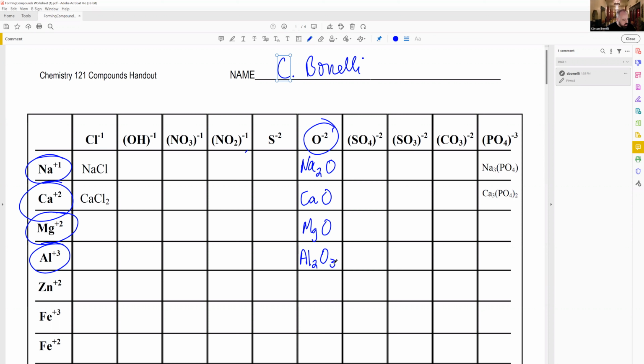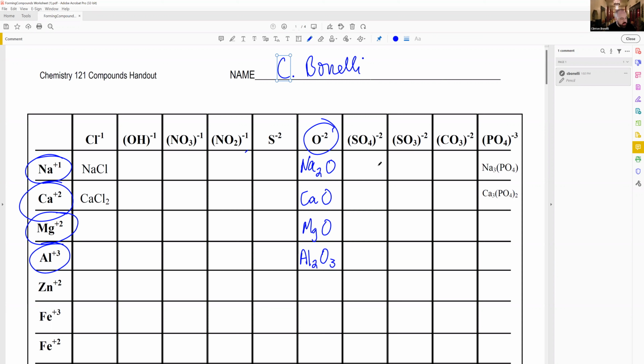Okay. So finally, and this is the last thing I think I'll do on this page, we have SO4 with a -2. Now SO4 is in parentheses. It may seem like this is more complicated, but this is just a radical. You could think of it as oxygen being a single person and SO4 being a married couple.